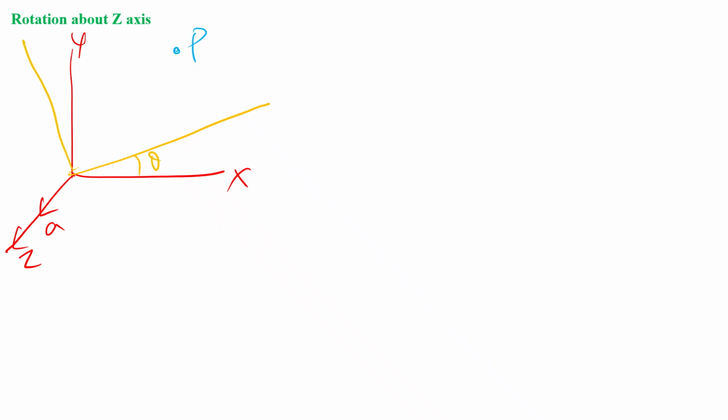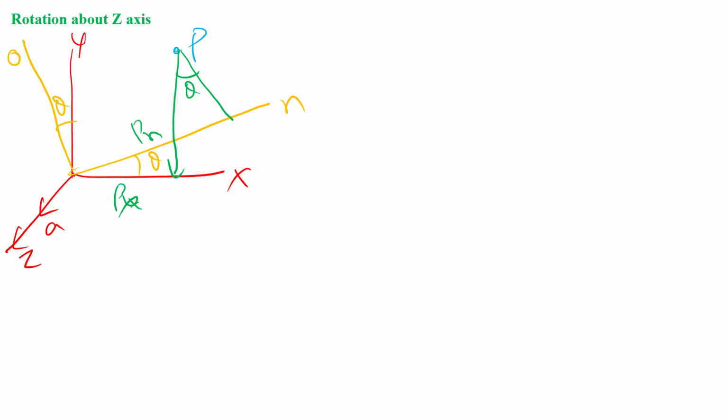Then you have a rotation, this is theta. So this is my n axis, and this is my o axis. Then let's project point P on this. So this becomes Px. Project P on the n axis. It makes an angle theta, so this line becomes Pn.